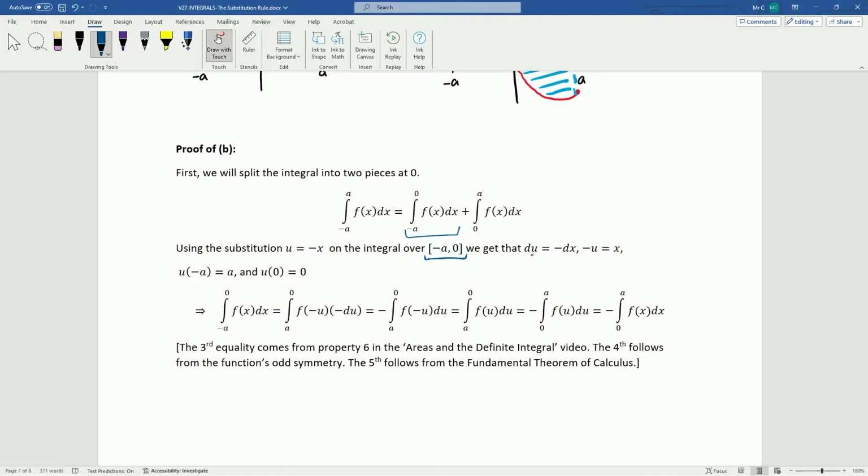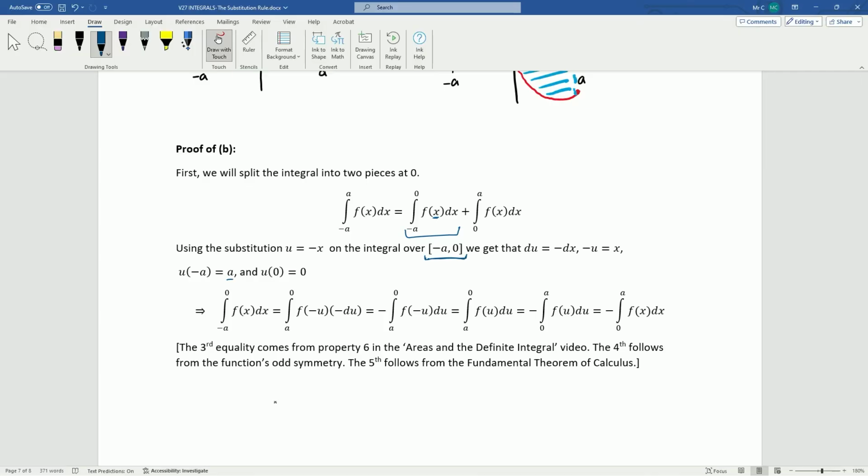The derivative of u with respect to x is negative 1, so du equals negative 1 dx. If we multiply the negative 1 across, we get that negative u is also equal to x, so I can substitute x in place of negative u. And when I evaluate u at negative a, I get a. And when I evaluate u at 0, I get 0.